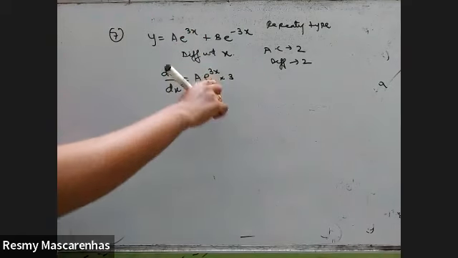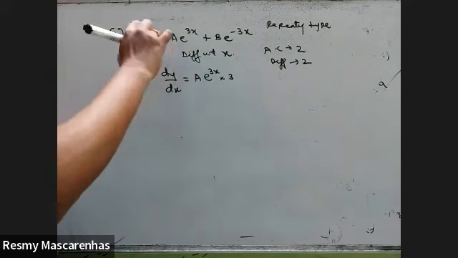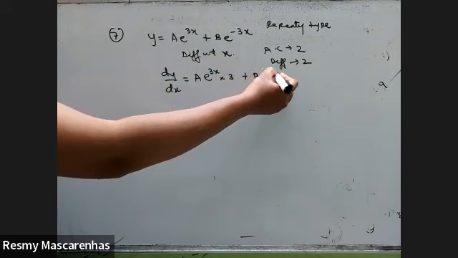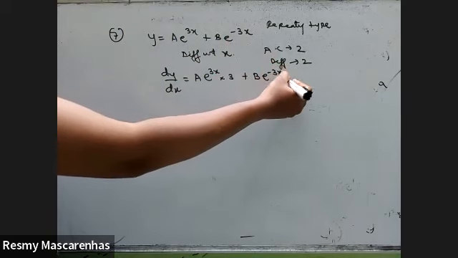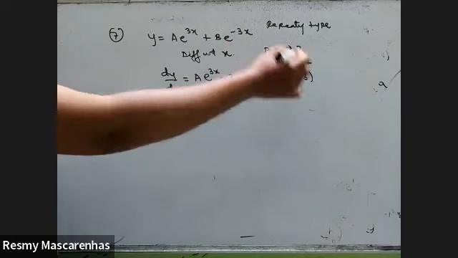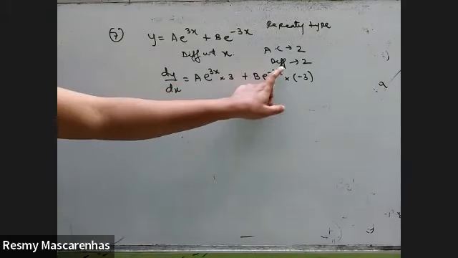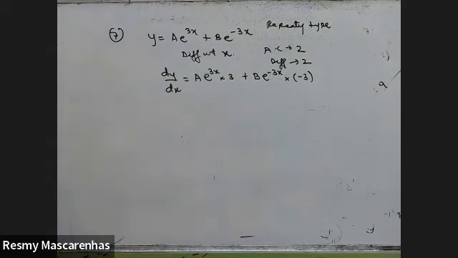Whenever we are differentiating, we always multiply, and whenever we are integrating, we always divide. So this is b e raised to minus 3x, but extra you have to multiply it by minus 3, because the extra derivative of minus 3x is minus 3. Always it is that.